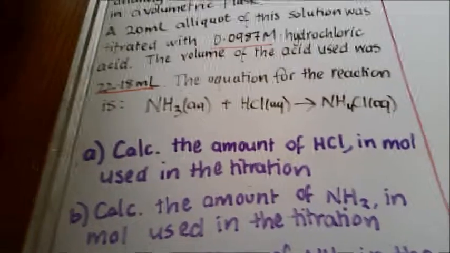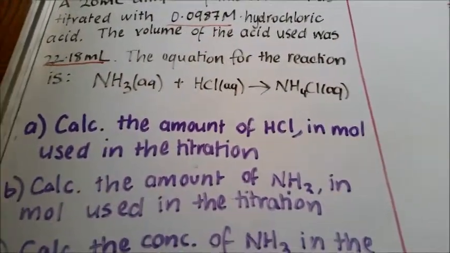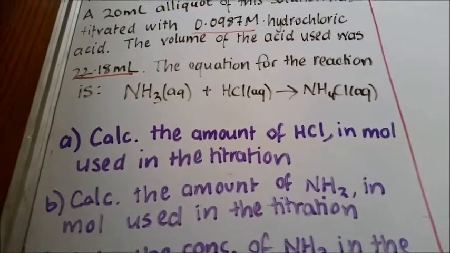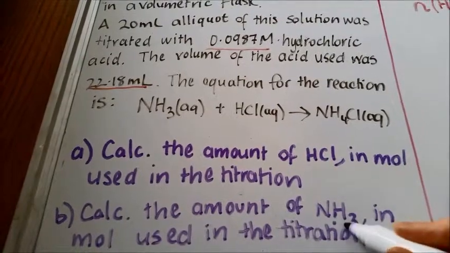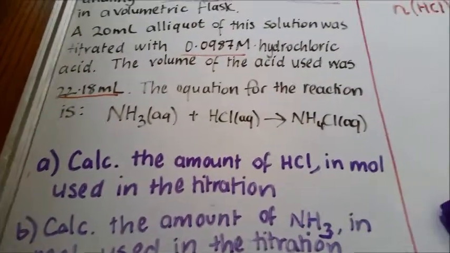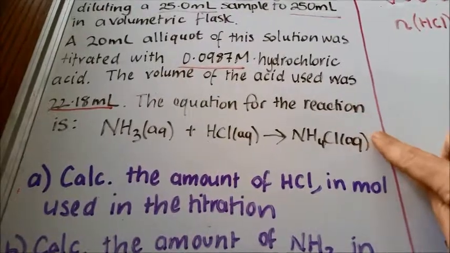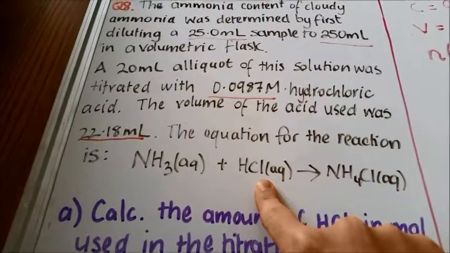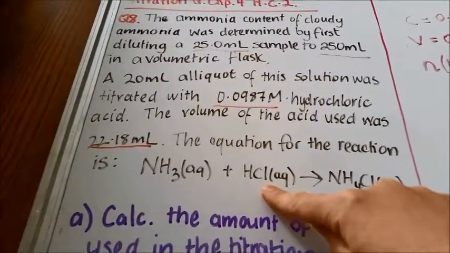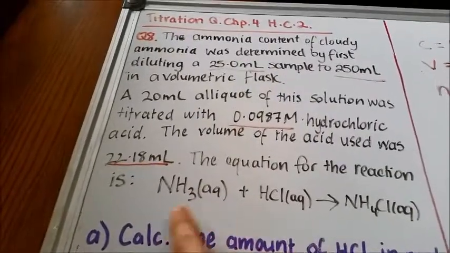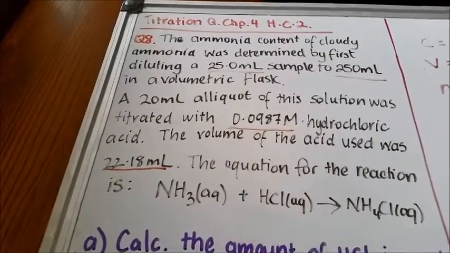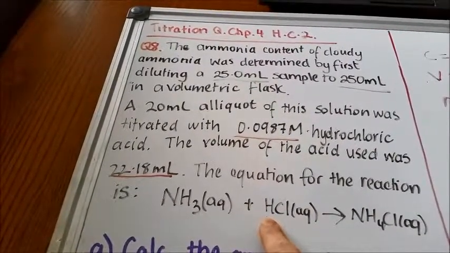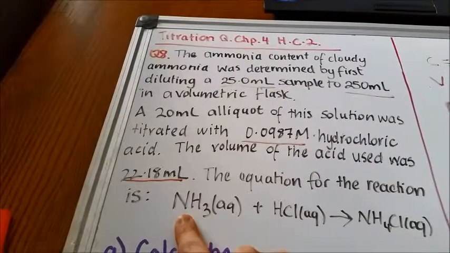Our next part of the question is asking us to calculate the amount of NH, and that should say NH3, which I'm pretty sure it did at one point, but it's just rubbed off, in mole used in the titration. Now, this is when we have to go back to our balanced equation, which is just here. We've just calculated the amount of mole of our hydrochloric acid that was present. We now want to calculate the amount of mole of this, which is present. So this is where we look at our coefficients or our molar ratios. And what we can see is the amount of mole of this should, in theory, be the amount of mole of this.